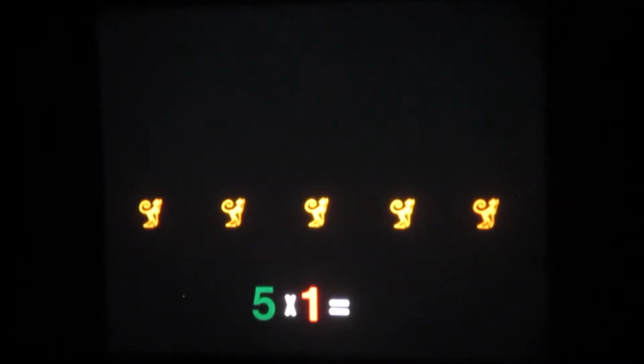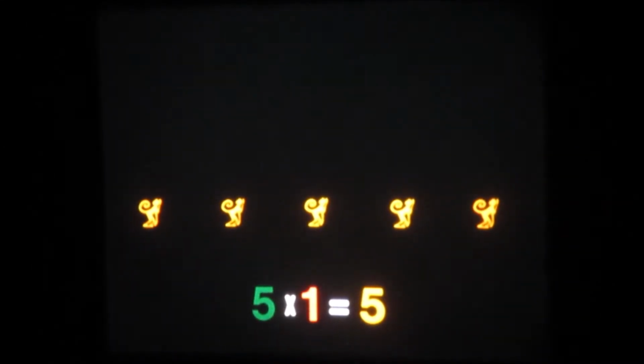Or one monkey in each cage. When we multiply any number times 1, the product is always the same as that number. And of course, the product of 0 times any number is always 0.